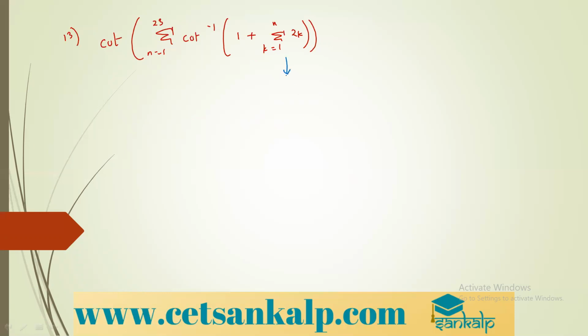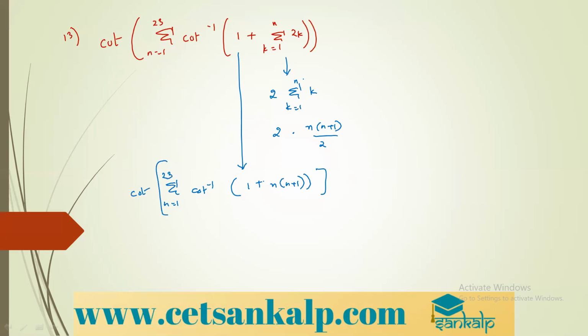First of all, from here, I will pull out 2. So I have sigma k, k is from 1 to n. So I can write this as the sum of first n natural numbers, n into n plus 1 by 2. So now it becomes 1 plus n into n plus 1. And then I have cot inverse, then sigma n equal to 1 to 23, and then cot of this entire thing. This is how it reduces.